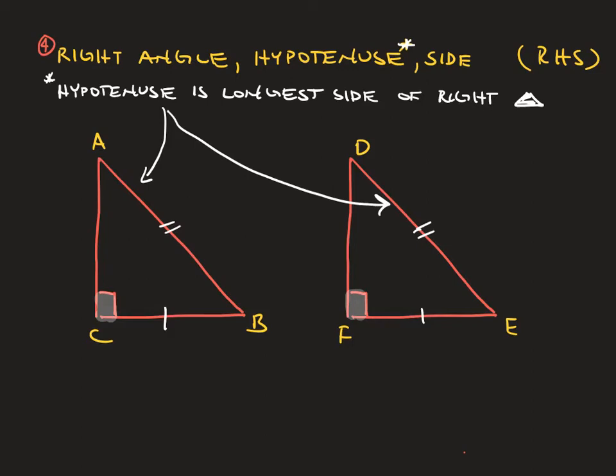In this particular set of congruence, the triangle must have 1 pair of sides that are the same, and it must have 90-degree angles. And then the hypotenuses must also be the same. If that occurs, it meets the 4th condition for congruence, and we abbreviate this as R for right angle, H for hypotenuse, and S for side.